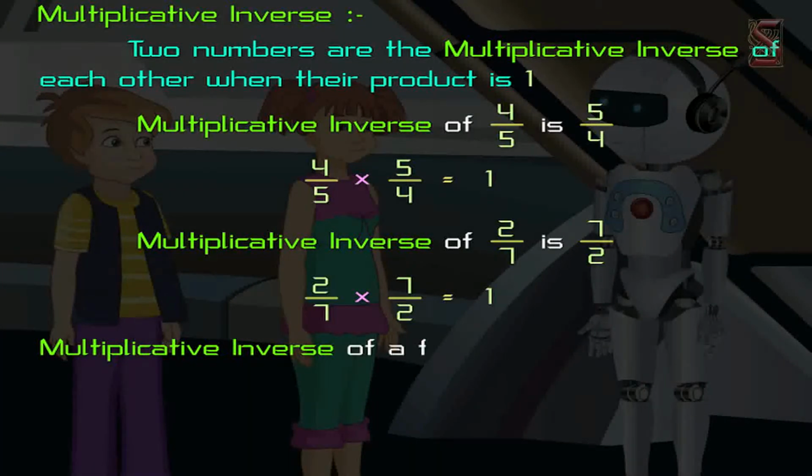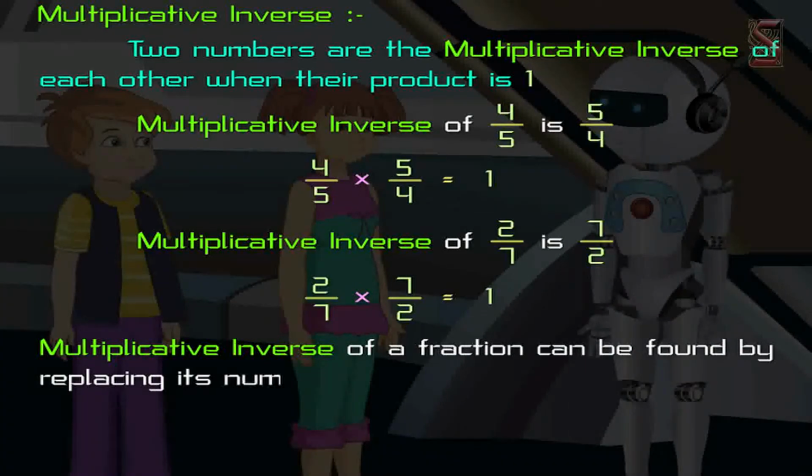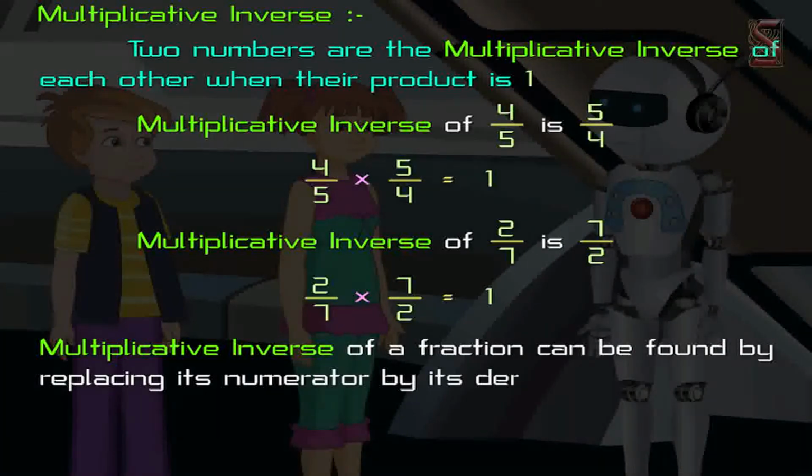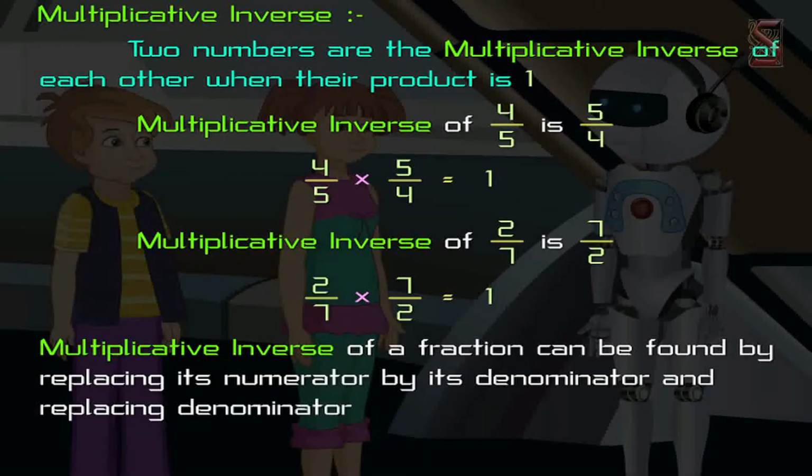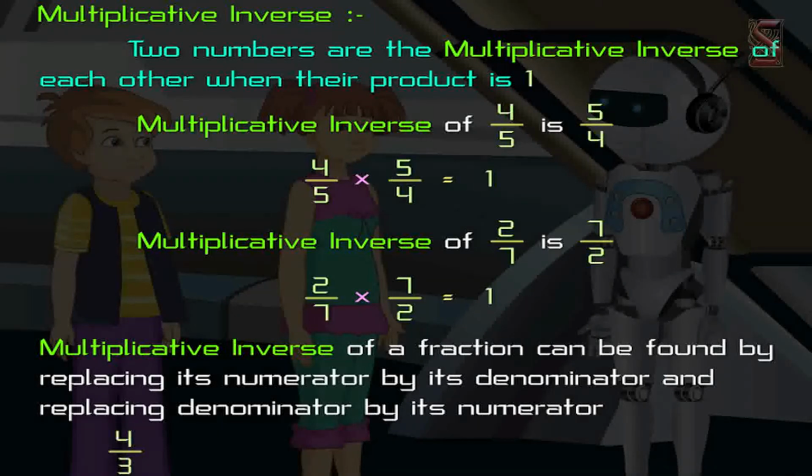Multiplicative inverse of a fraction can be found by replacing its numerator by its denominator and replacing denominator by its numerator. In the example given, 4 by 3 is the multiplicative inverse of 3 by 4.